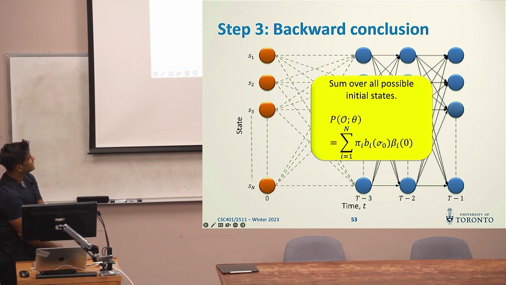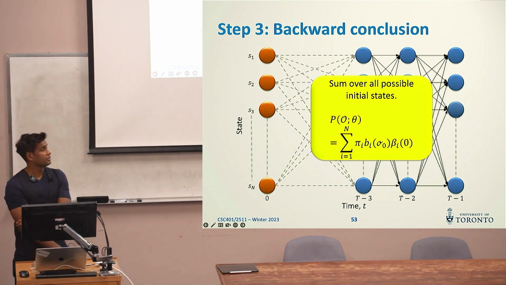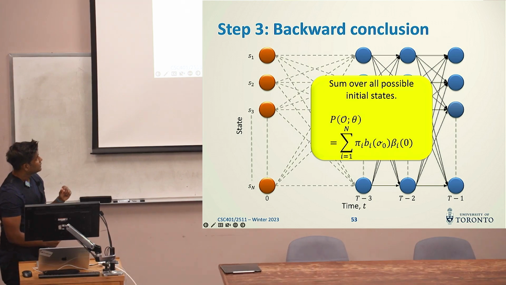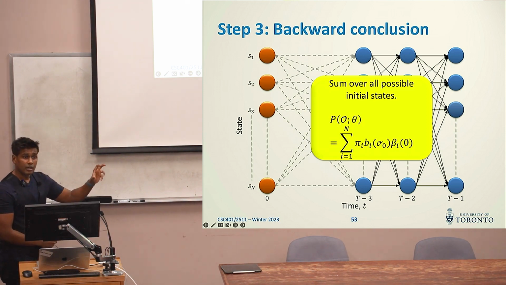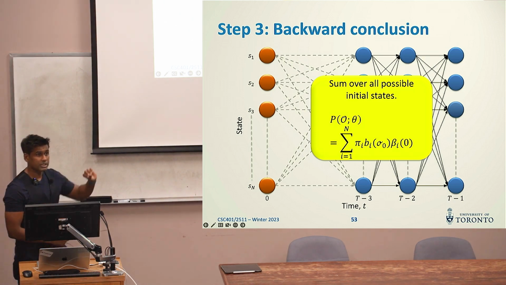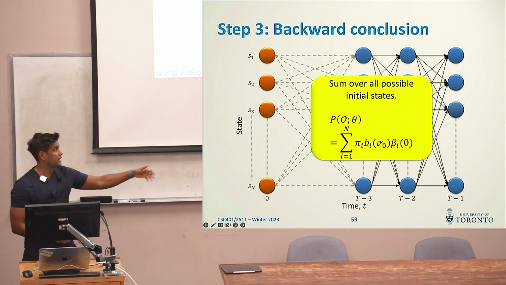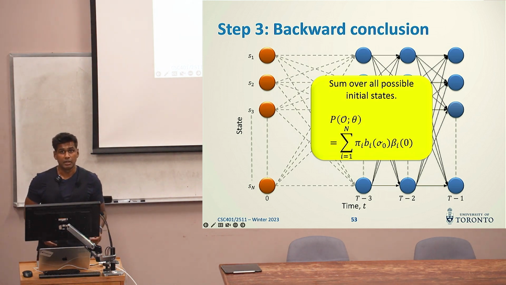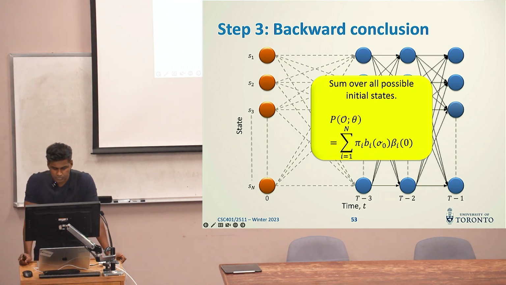As you can see, in our first time step, when t equals 0, we utilize pi, which is the initial state probability. If we're in a state i, then the initial state probability is multiplied by the emission probability of observing o_0, our observation at time step 0. Then we multiply by the beta value, which captures all possible future probabilities. Together, if we sum across all the possible states, it gives us our observation probability, P(O given theta).